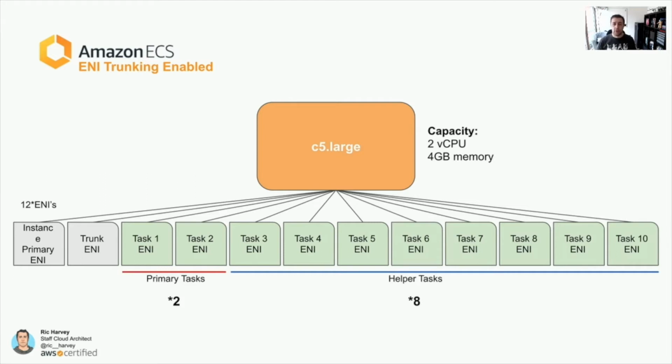That's for the C5 large. So in our use case, I can run 2 primary tasks and I can run 8 helper tasks. So that's really, really good use. And if we look at the total usage of that machine, I'm now using 1.8 virtual CPU and 3 gig of memory, but a lot less wastage. So I'm getting better value from that with ENI trunking.